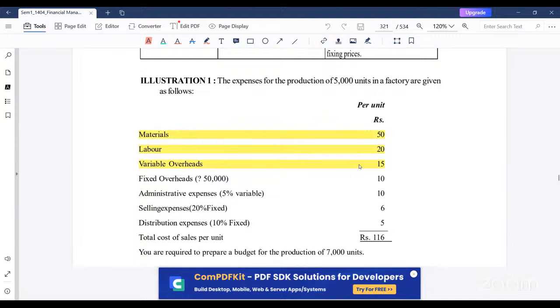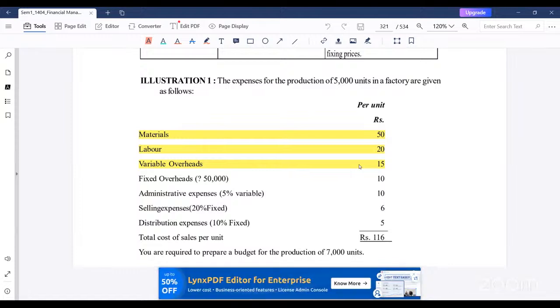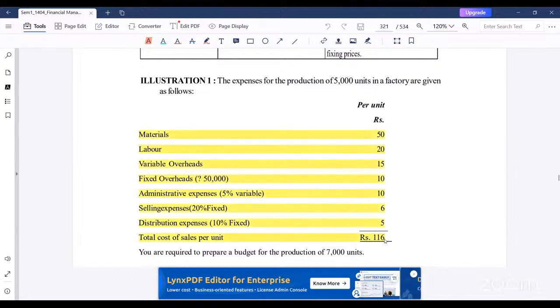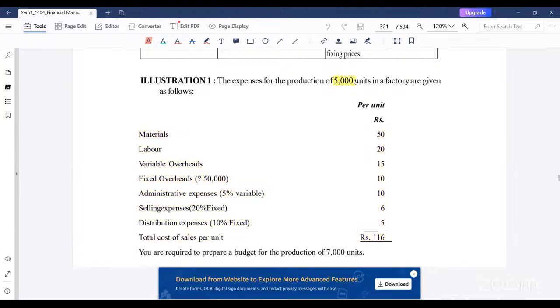These are called variable cost. Next one, fixed overhead, will remain the same. There is no change. This is called fixed cost. Now, all these are given for 5,000 units.